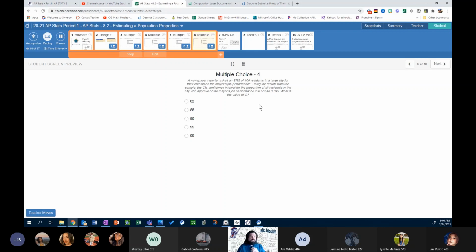What is the value of C? So based on this interval, we need to work our way backwards to what's the percentage of the confidence interval. Right, we know the sample size. We can use the interval to find p hat. We're going to have to do some work on this one. Okay. Alrighty.